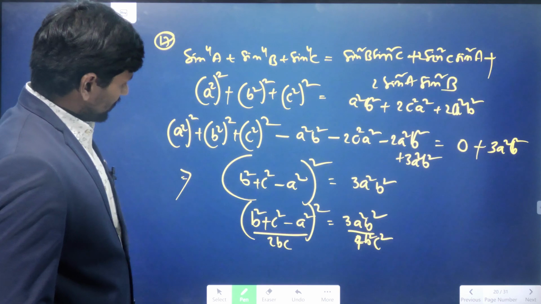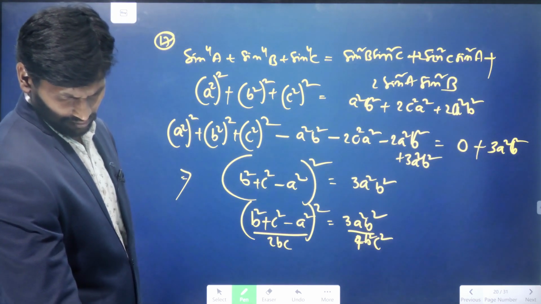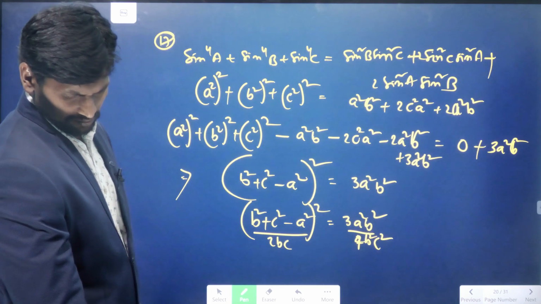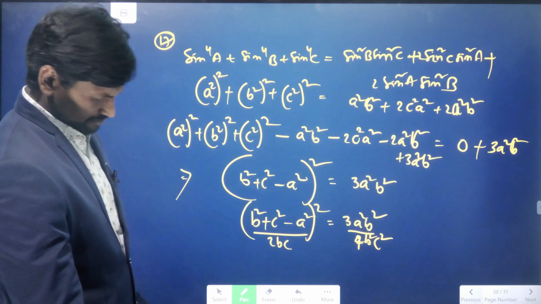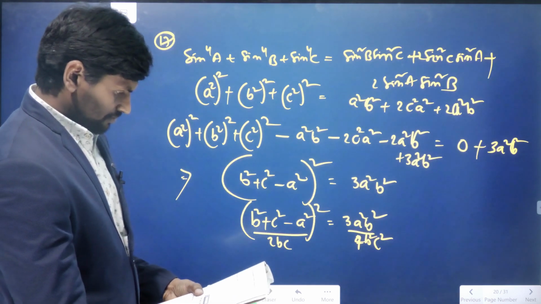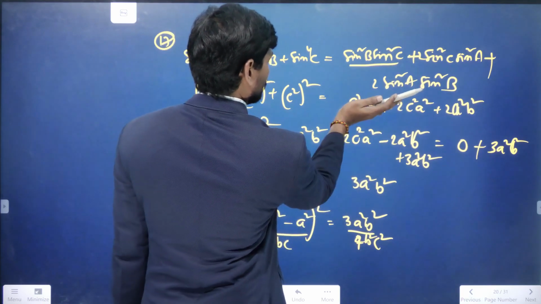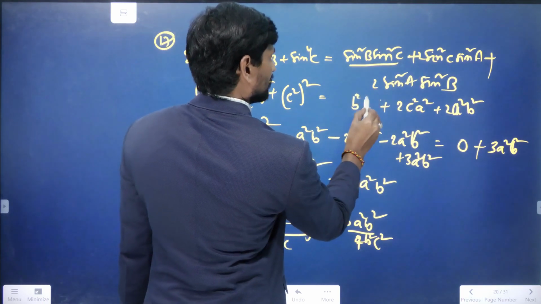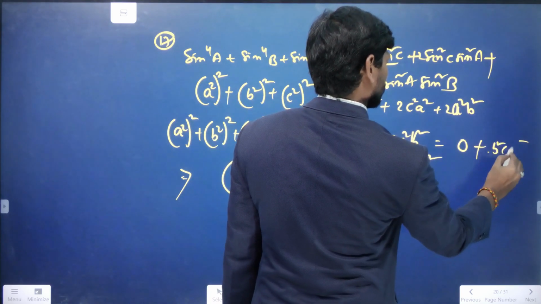Yeah, b square plus c square minus a square. Yeah, actually this is b square c square now, so we should write b square c square over here. So that's right. This is also b square c square on both sides.